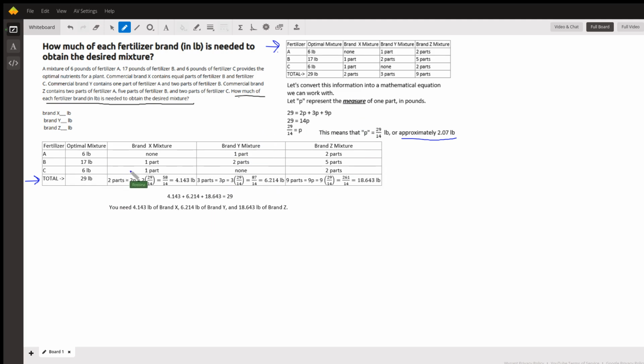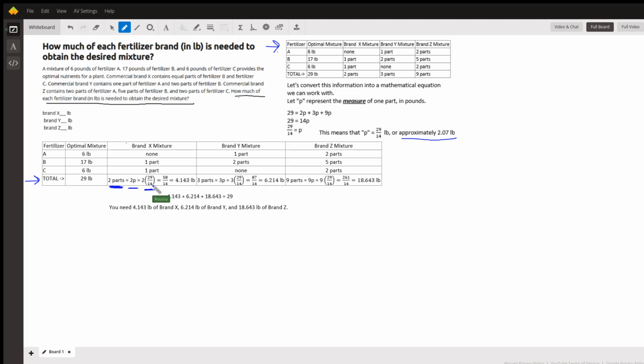We've got brand X mixture. I know that in total I have 2 parts, so that means 2 times P. The value of P is 29 over 14. I left it as a fraction for the sake of accuracy.